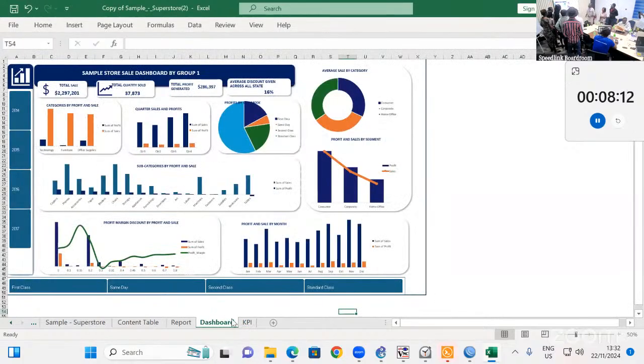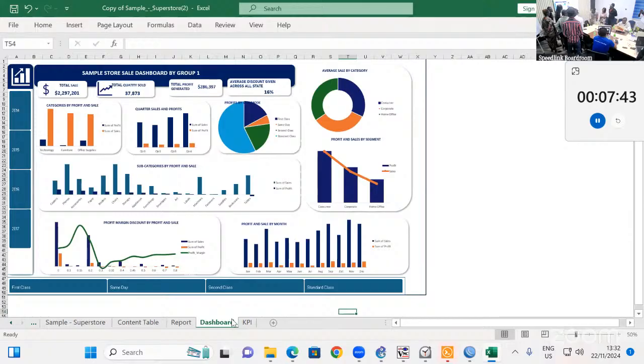Okay. From our dashboard, we have an insight that the majority of the shipments are done using the standard class. And also we have total sales of 2,297,870. So you can see that this is an overall dashboard of the whole sales.